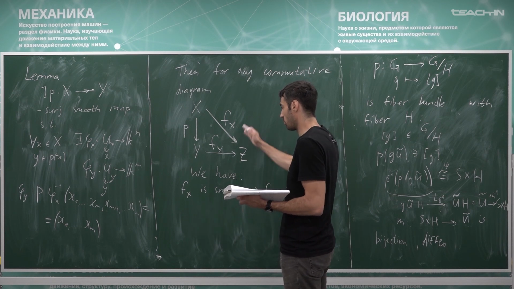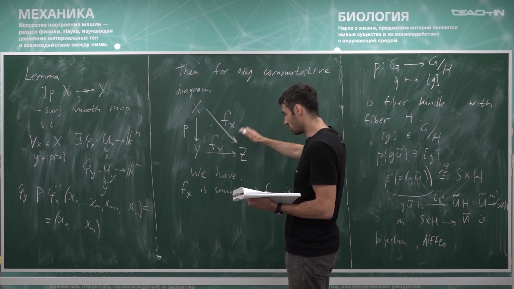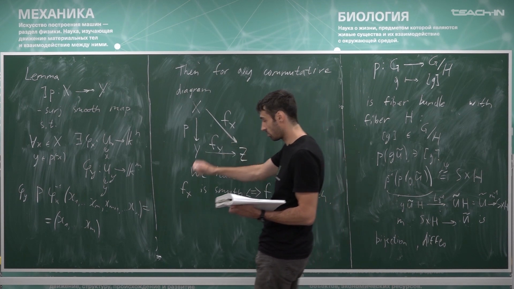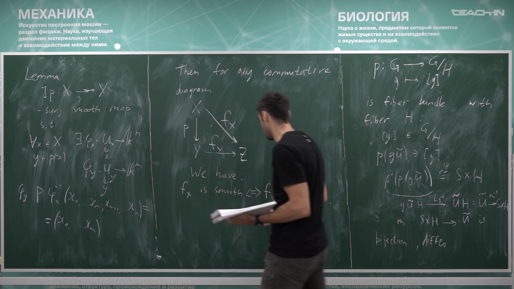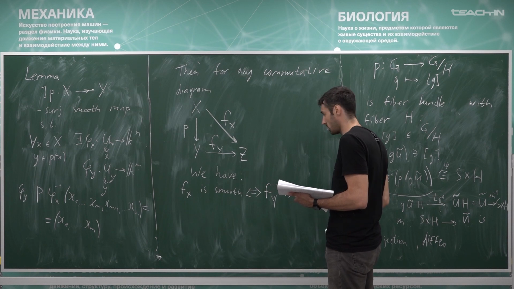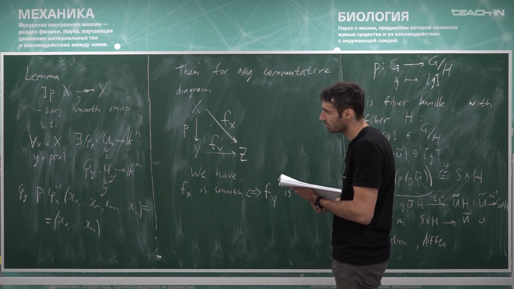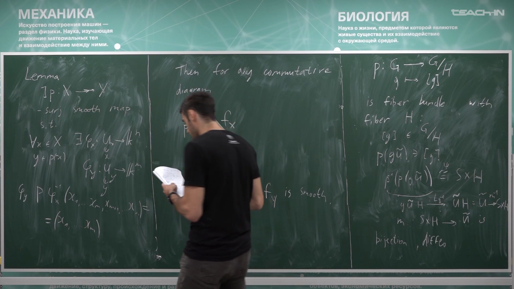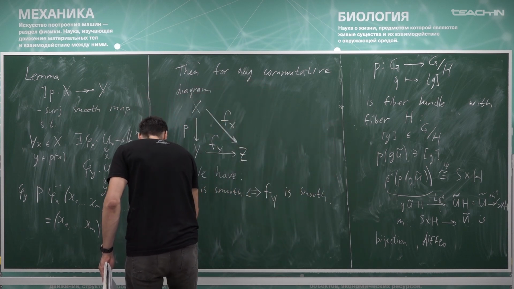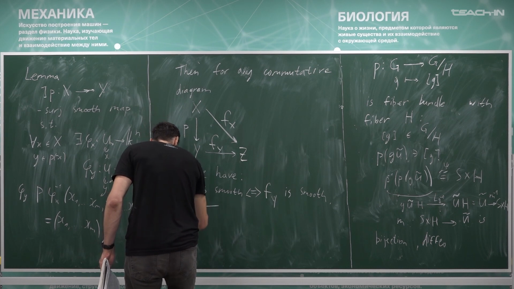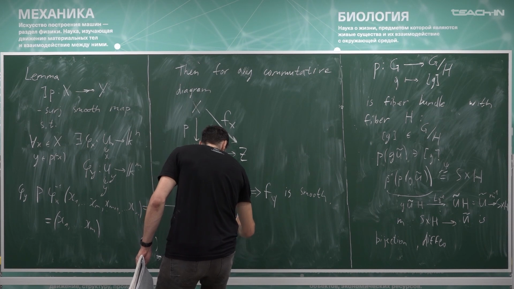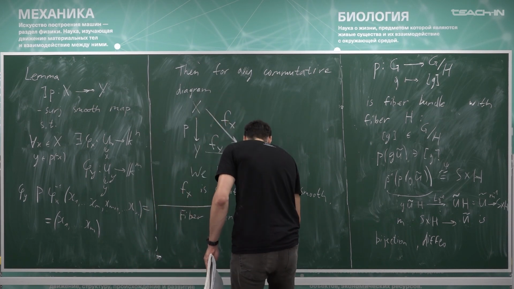And so checking smoothness for both maps is just checking smooth dependence on the first m coordinates. That is how you prove it, but it's more or less obvious. And the thing is that a fiber bundle satisfies the lemma.